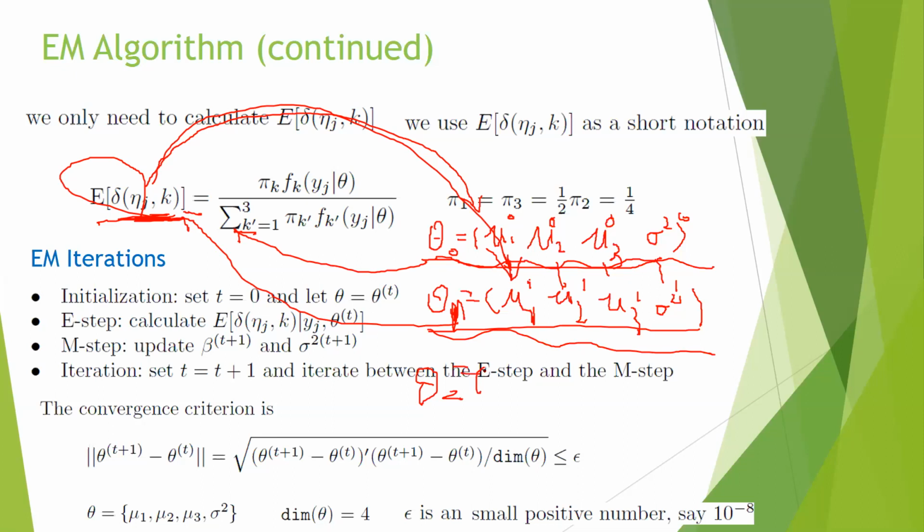So you have another updated mu1 at step 2, mu2 at step 2, mu3 at step 2, and sigma squared 2. Is that clear? At this step, you can compare the step 2 parameters with the step 1 parameters to see if they are close to each other. You just look at the difference between these numbers, right?